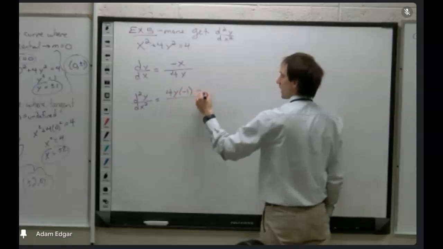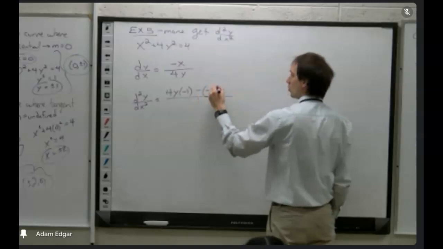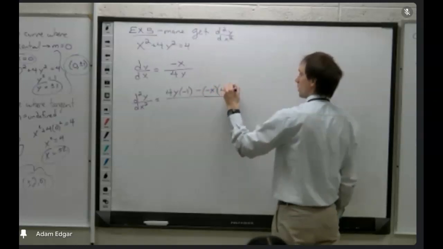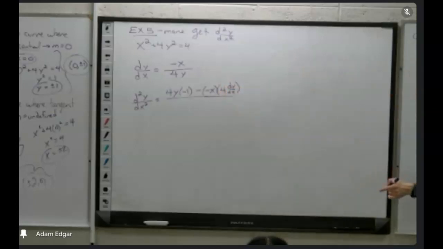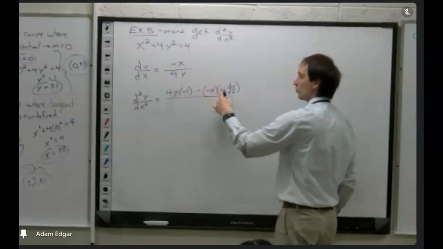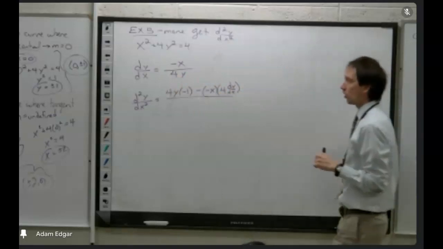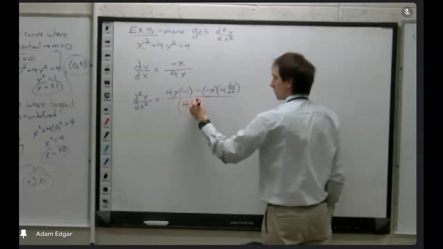Minus high, negative x. d low is 4 dy dx. Watch out, the rule still applies: if you differentiate a y thing, slap a dy dx on it. So when you do d low, the derivative of 4y is 4. You differentiated a y, slap a dy dx on that 4. All over low low. So low low is take the 4y and square.